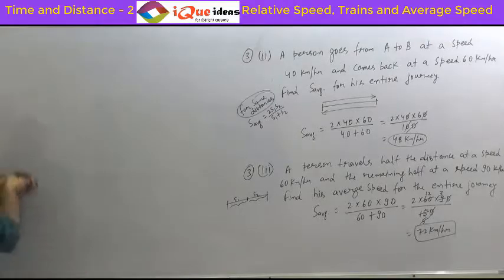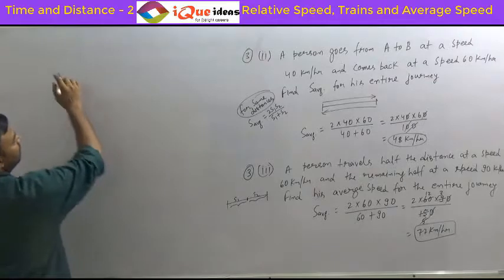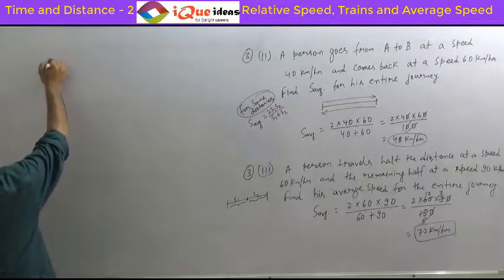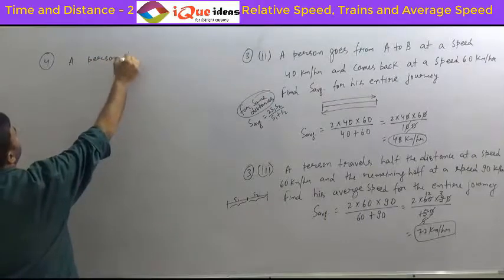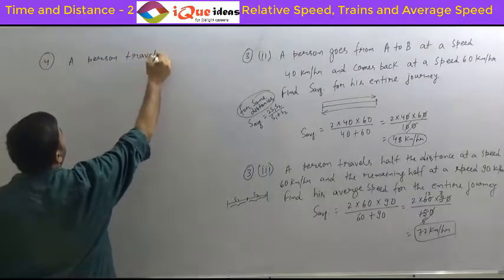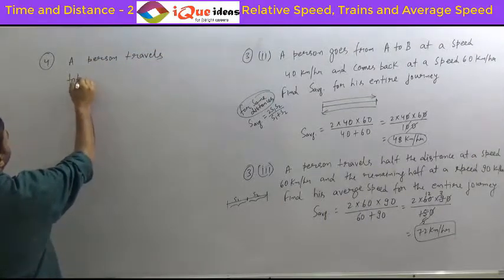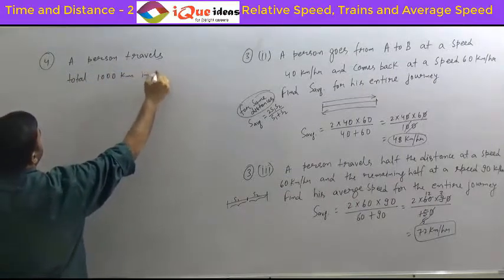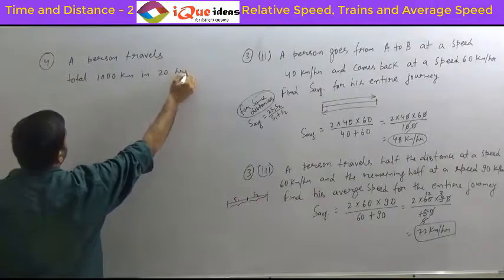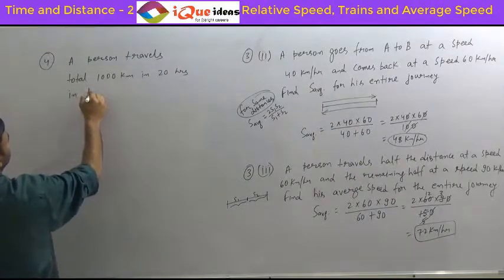Now, a different question altogether, though it will look like an average speed question. A person travels a total of 1000 kilometers in 20 hours in two parts.